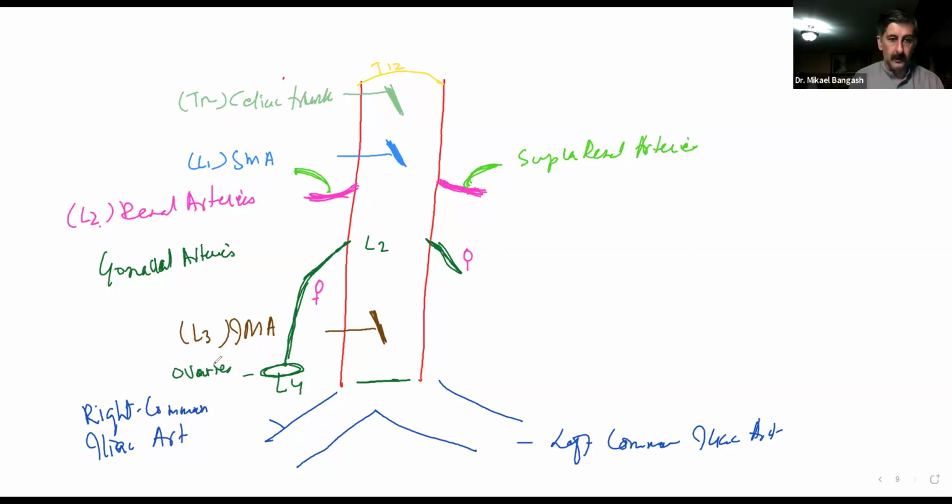So in the female, this will also be referred to as the ovarian artery.